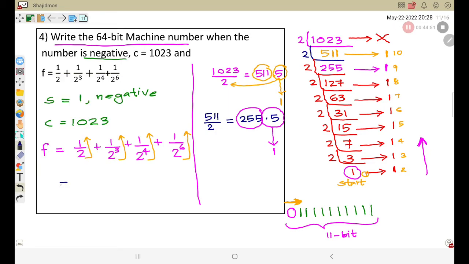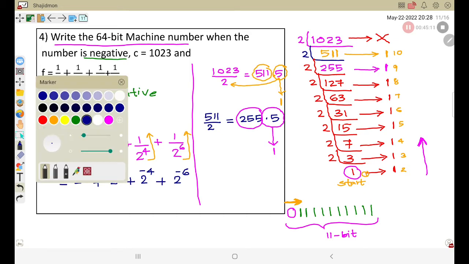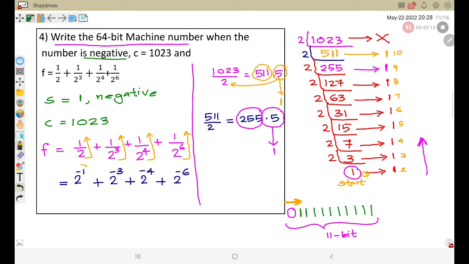So 1 over 2 coming upside means 2 power minus 1, plus 2 power minus 3, plus 2 power minus 4, plus 2 power minus 6. Take all the numbers upside. That means 2 power minus 1th position, minus 3rd position, minus 4th position, minus 6th position. Correct?